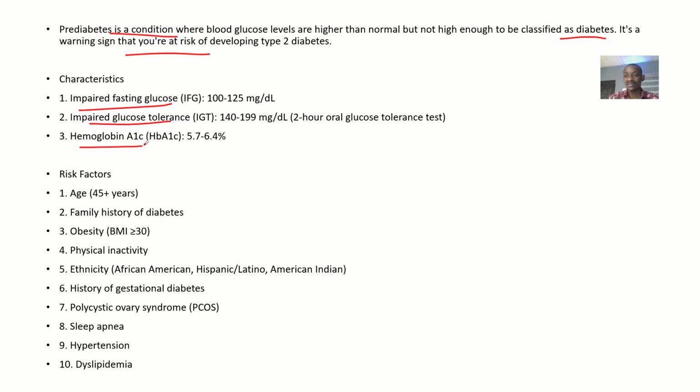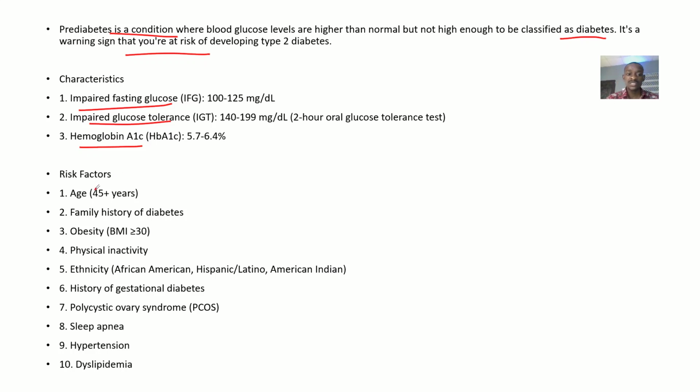If you try to find out the percentage for glycated hemoglobin, you find out it's about 5.7 to 6.4%. Now, what is glycated hemoglobin? It is hemoglobin that, because there's too much glucose in the body, links up with the glucose. They attach to each other.